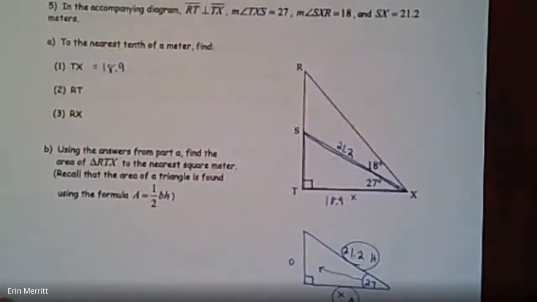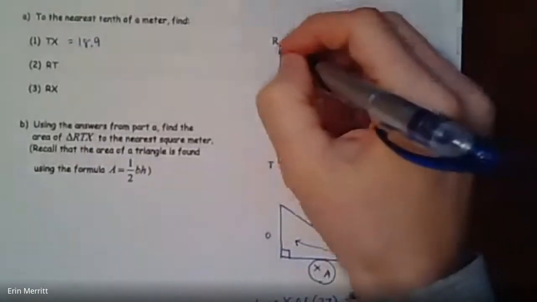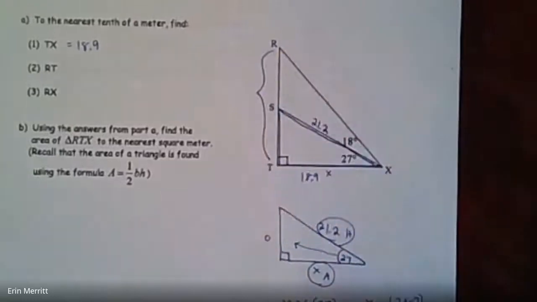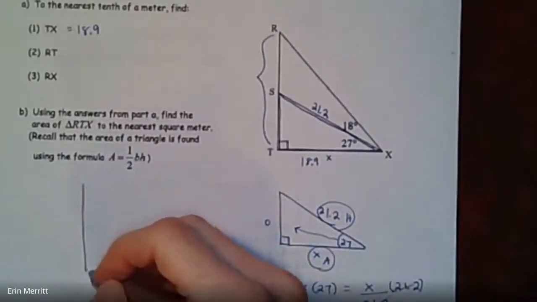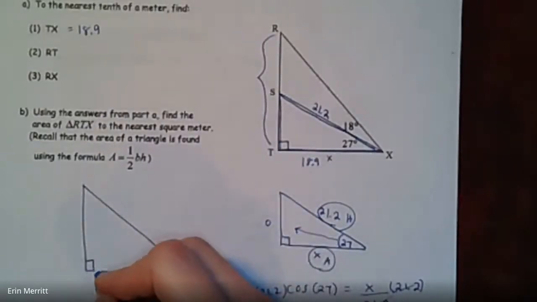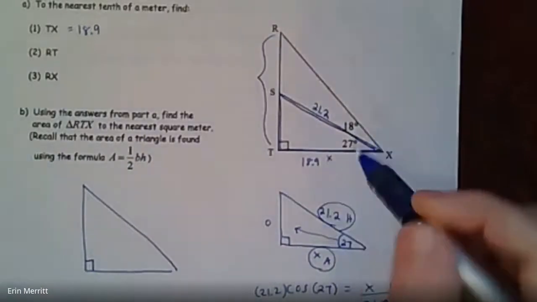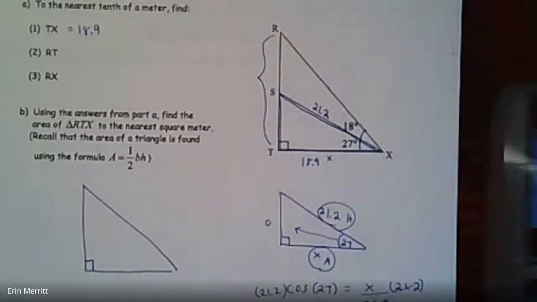All right, then it asks for RT. Well, RT, that's that full length there. So let's redraw and look at that triangle. In that case, I've got a right angle here, and let's go with the angle, 18 and 27 total.